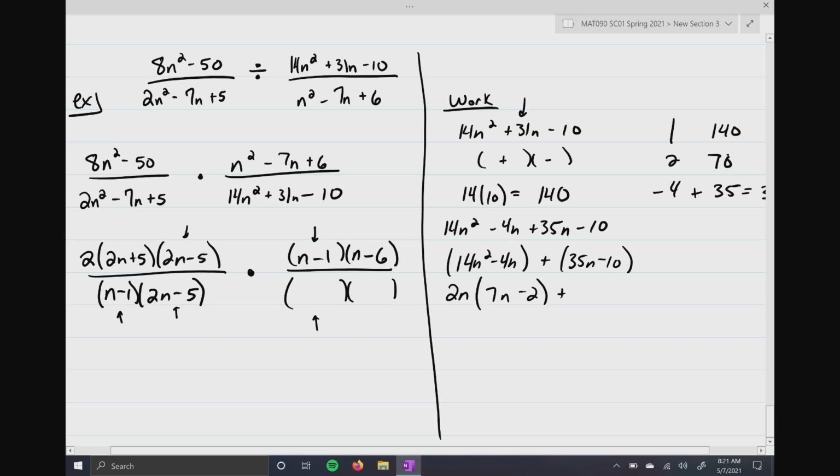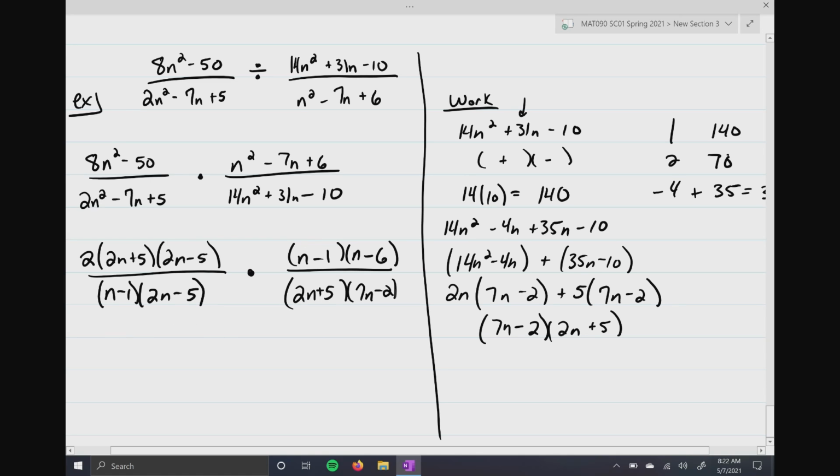Now that second grouping, I can factor out a 5. And that's going to give me 7n minus 2. And what do you know? The 7n minus 2 binomials match. And you're left over with a 2n plus 5. Perfect.